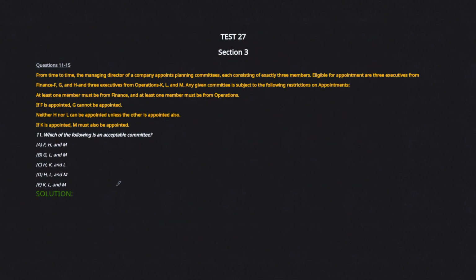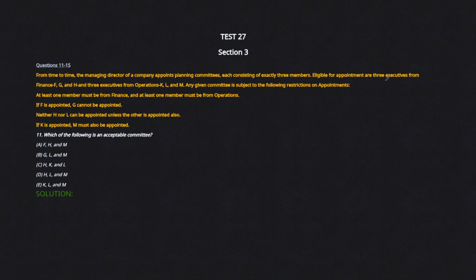And now, moving on to question number 11 to 15. The premise is, from time to time, the managing director of a company appoints planning committees, each consisting of exactly 3 members.